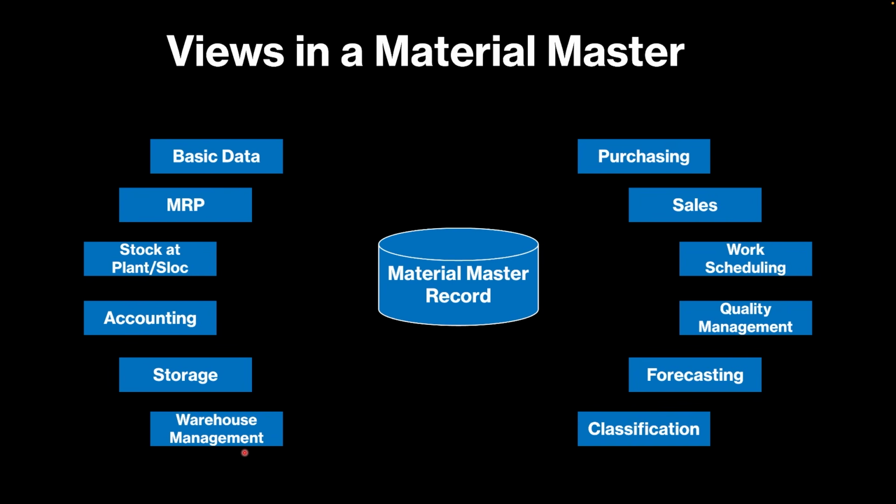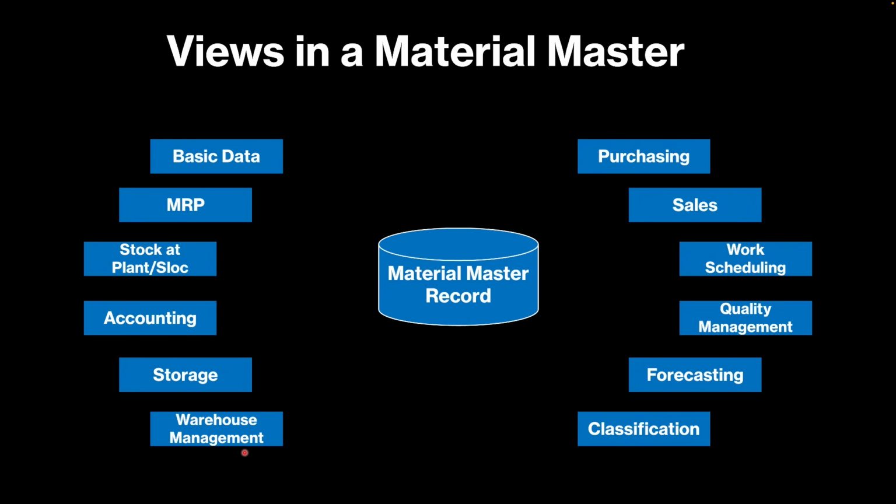Whenever you are maintaining the material master, you must maintain your relevant data, and that is why the first screen that SAP will propose to you will be the views for a material master record. You will select your specific views and you will maintain those views as per your requirement. Let's say that you are from the purchasing department, then you will maintain the purchasing related data.